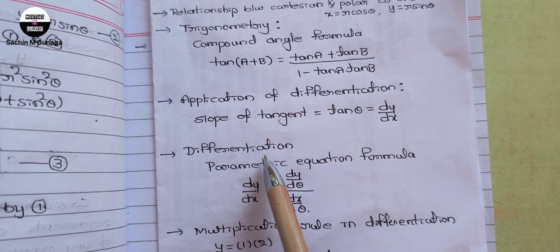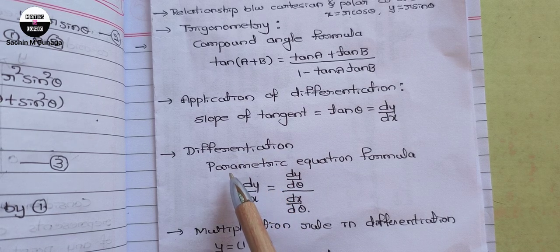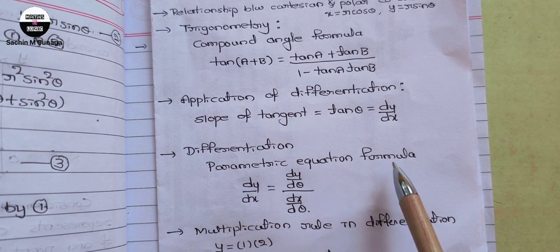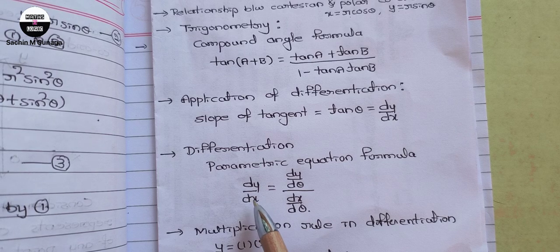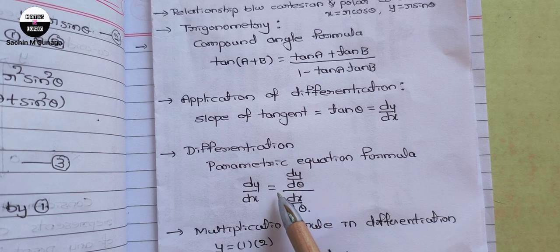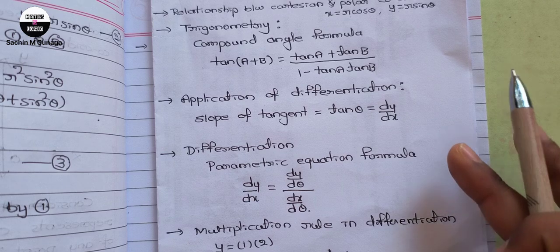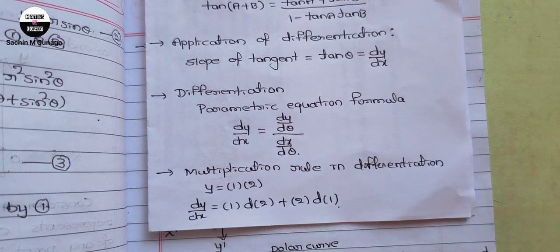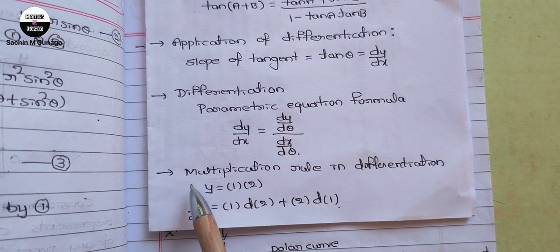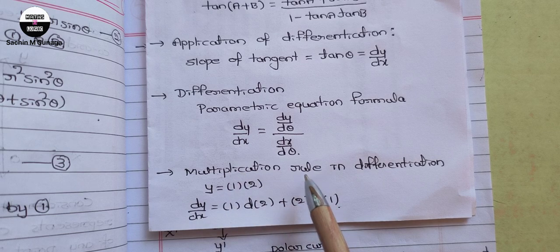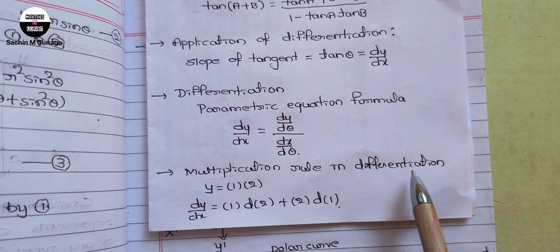Next, in the differentiation chapter, one point comes, the parametric equation formula. What is that? dy divided by dx is equal to dy divided by d theta upon dx divided by d theta. This formula we are also going to use while doing the derivation. And we should also know the multiplication rule in differentiation.